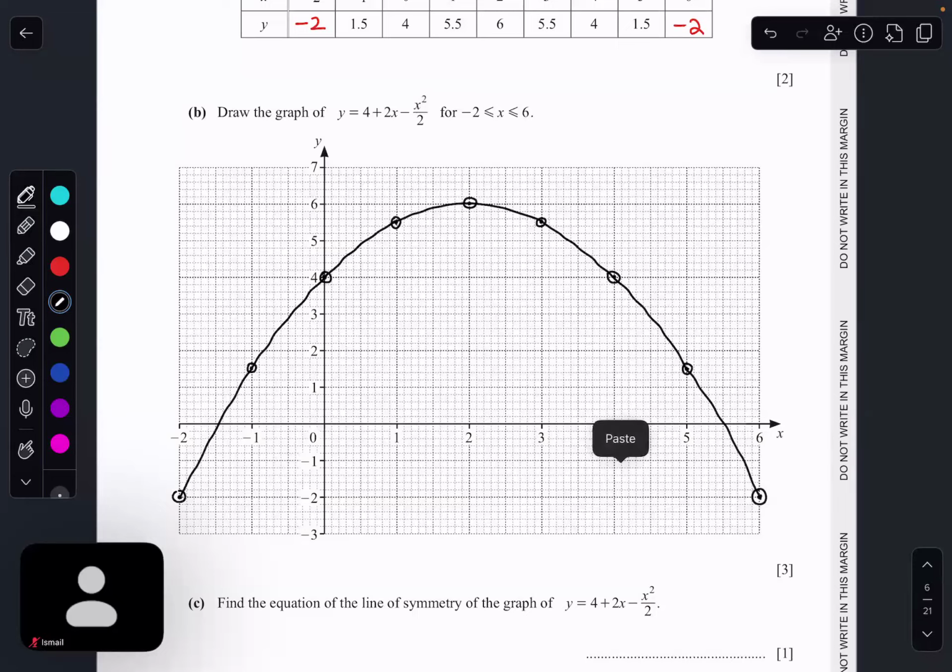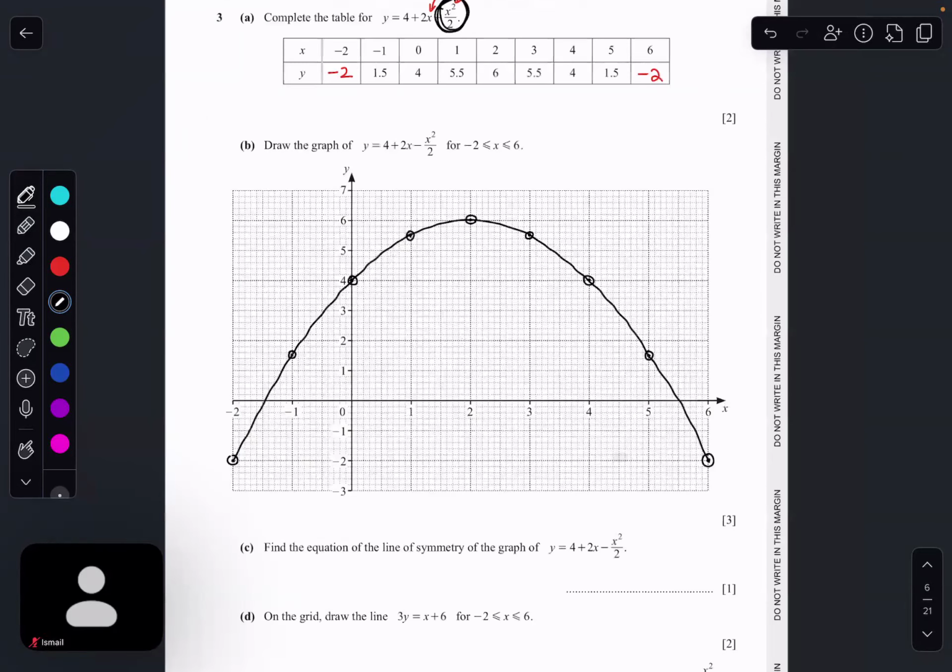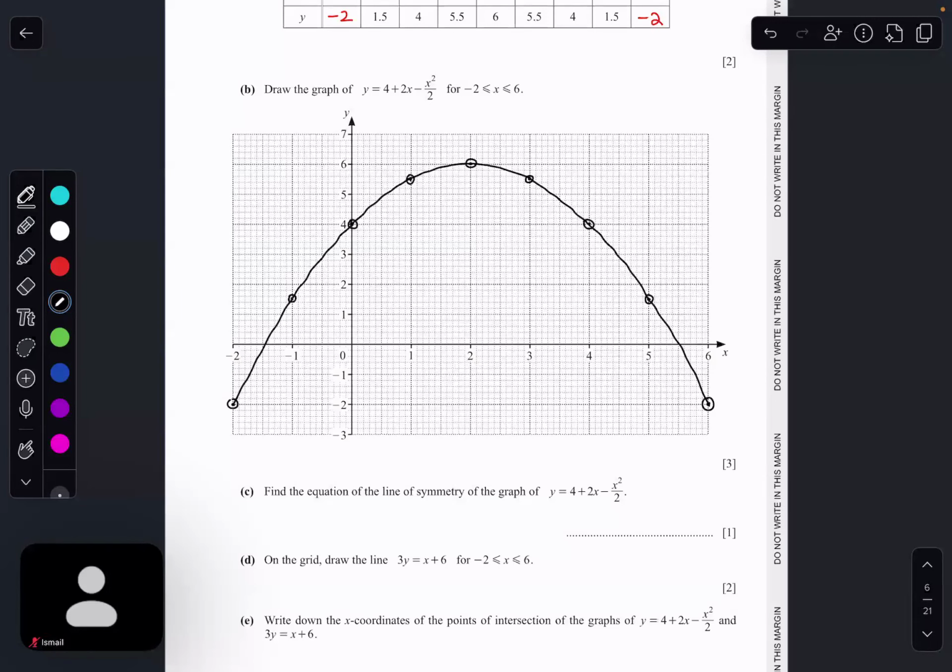Okay, now find the equation of the line of symmetry of the graph. Line of symmetry for a quadratic equation will exist exactly at the minimum or maximum point. What is the maximum point over here? It's 2 and 6.